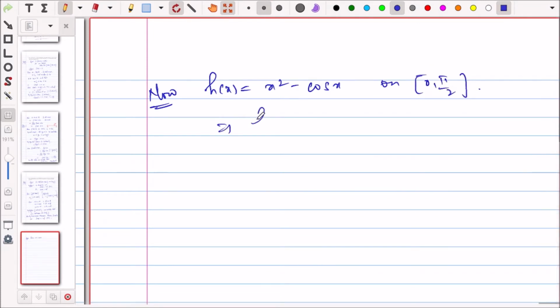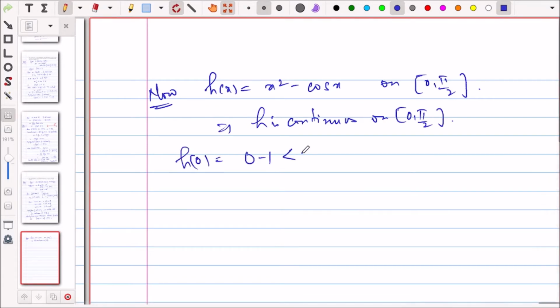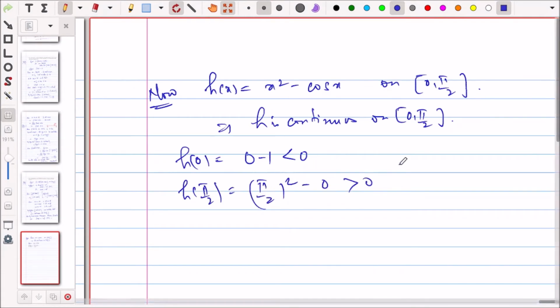Then h is continuous on 0 to pi by 2. Also h of 0 is 0 minus 1, which is negative, and h of pi by 2 is pi by 2 whole square minus 0, which is positive. So h of 0 is negative, h of pi by 2 is positive.